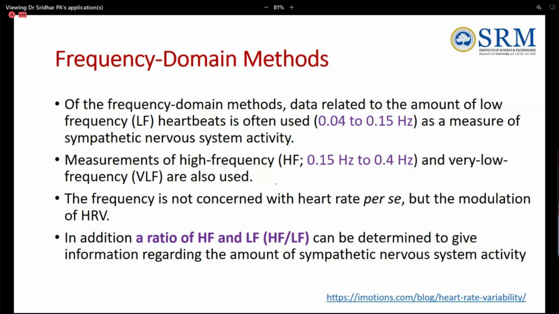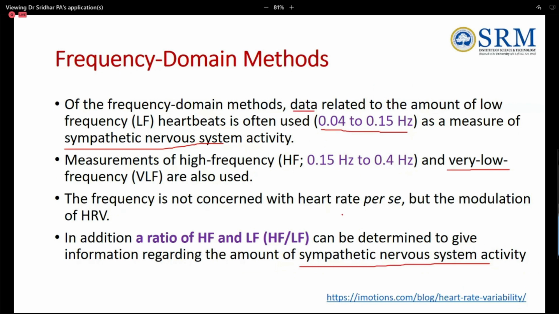In the frequency domain methods, we look at the frequency as a measure, because it has already been shown physiologically that the amount of low frequency is often used as a measure of the sympathetic nervous system, and very low frequency is also used in this case. If I find the ratio of high frequency to low frequency, I will be able to determine the activity of the sympathetic nervous system.